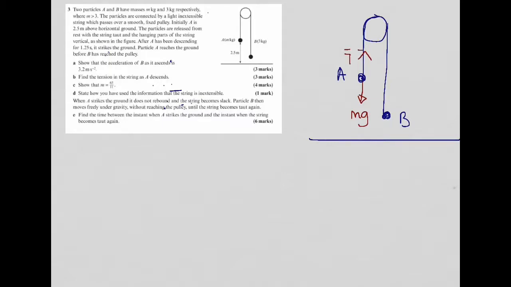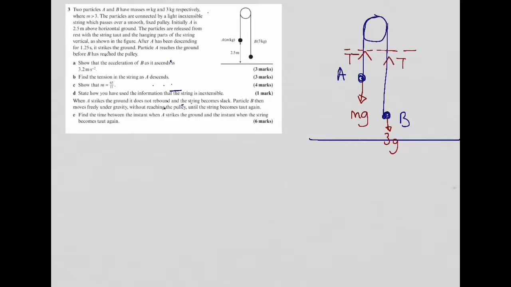I'm just going to put a dotted line over there because it's going to help me in a moment when I think about it separately. And this side I have B, and the weight, which is the force acting downwards, would be 3g here, and acting upwards is tension.